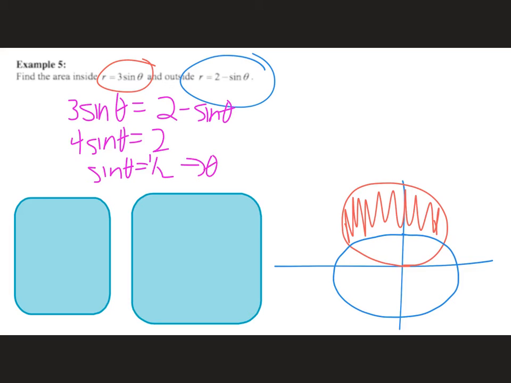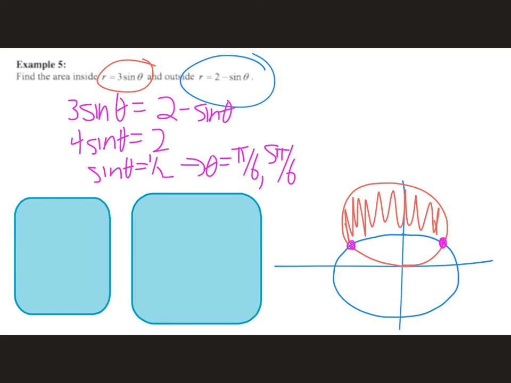And that means theta is pi over 6 and then 5 pi over 6, because first and second quadrants. So pi over 6 and 5 pi over 6 is where they hit each other.